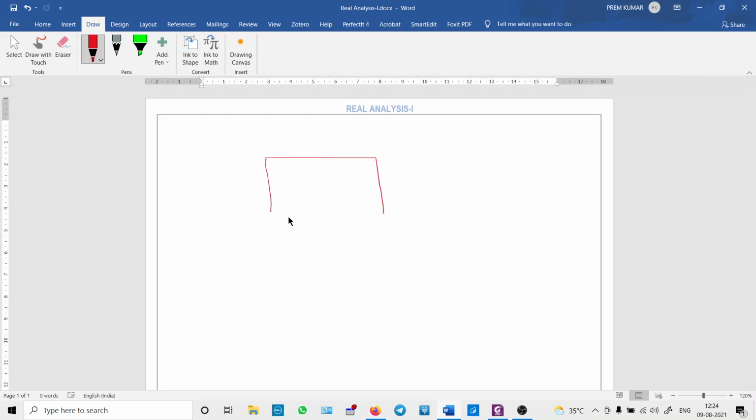Suppose this is the set of all real numbers, we always use the script R symbol. It is subdivided into two disjoint sets. One is rational numbers, the other is the complement of this, that is irrational numbers.